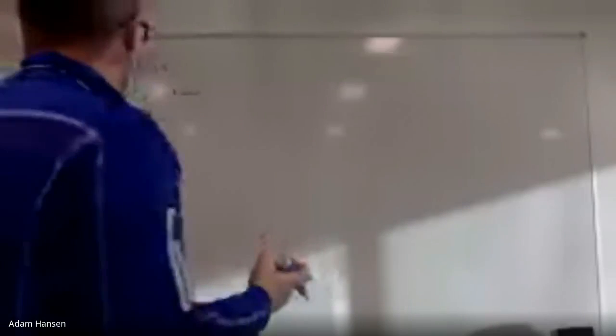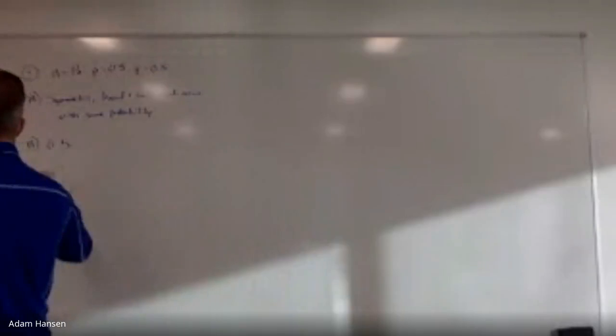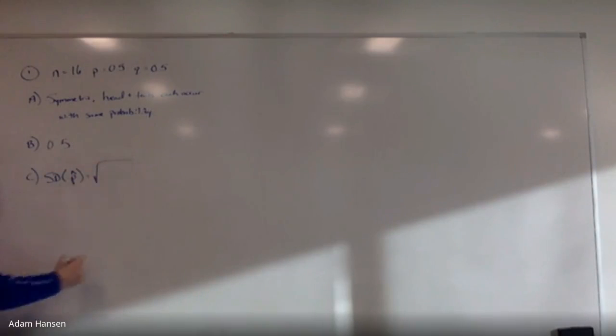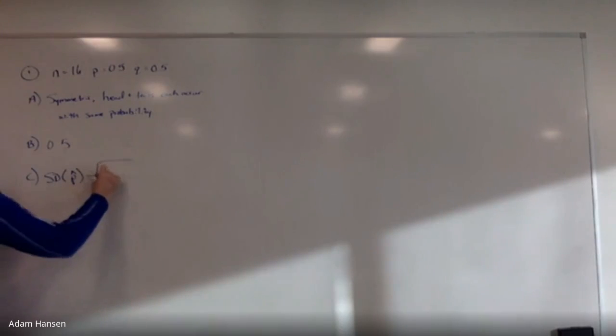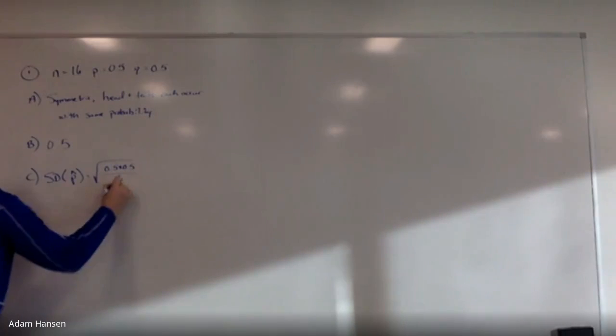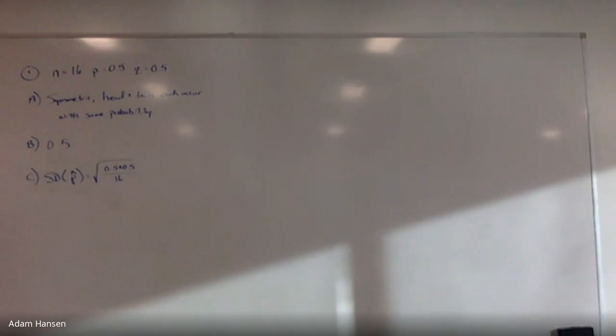Part C asks about the variability from that average, from 50%. That's going to follow this same formula down here. How much variability should there be in this model? What's the standard deviation of p hat? That would be the square root of p times q over n. So using the same n, p, and q from up above, 50% times 50% divided by 16.